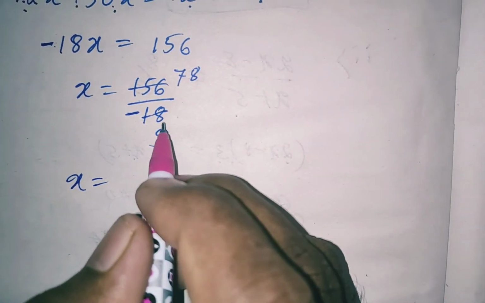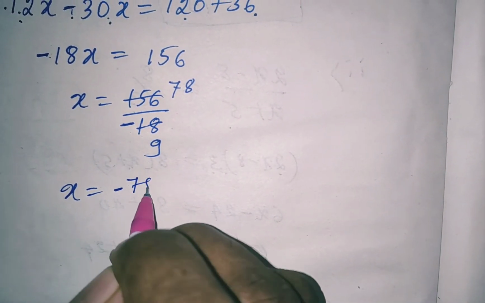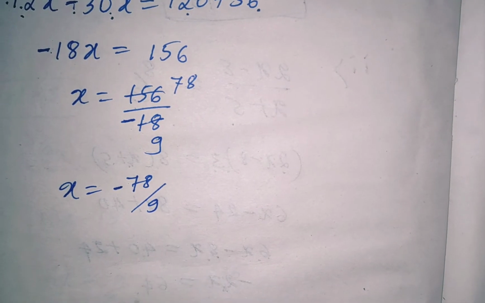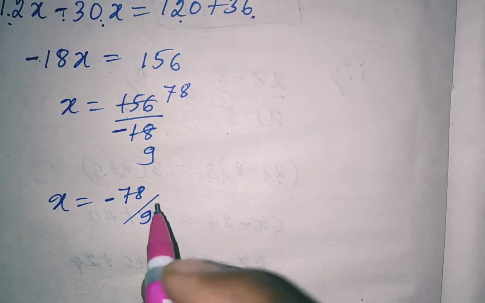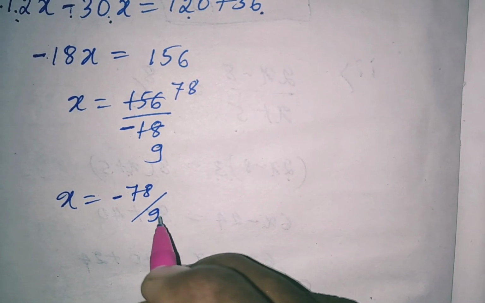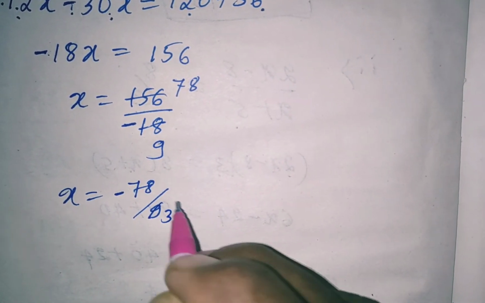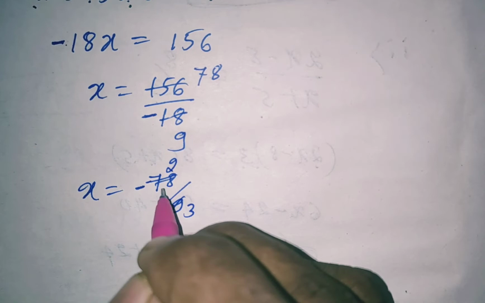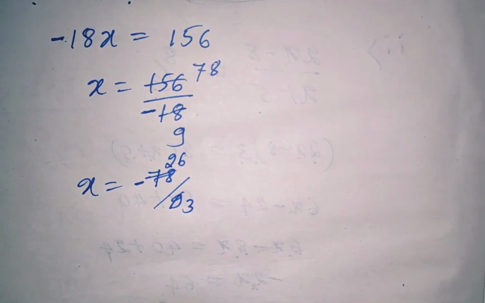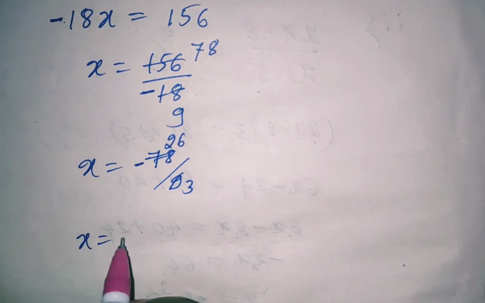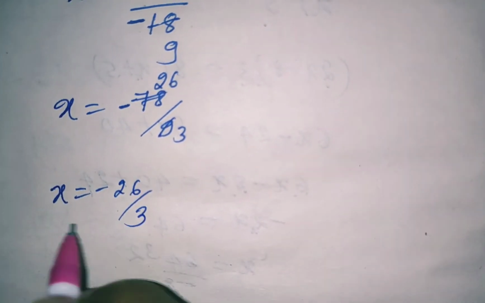No. So minus 78 divided by 9. Then if it is possible to divide by 3, you can divide by 3. Yes, it is possible. 3 3s are 9, 3 2s are 6, 3 6s are 18. So x is minus 26 upon 3.